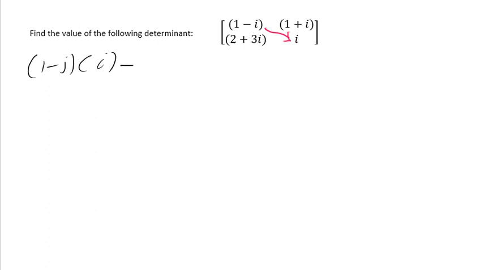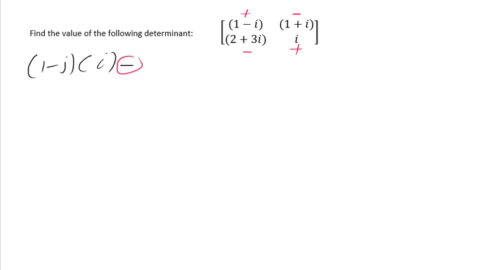Always with the 2 by 2 matrix, whenever you go in this direction, it's a minus. Normally if you put your signs, you're going to have plus, plus, minus here, then a plus here, minus there. So when you go in that direction, it's minus.